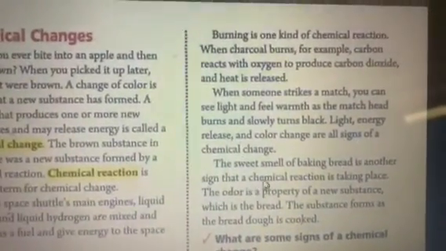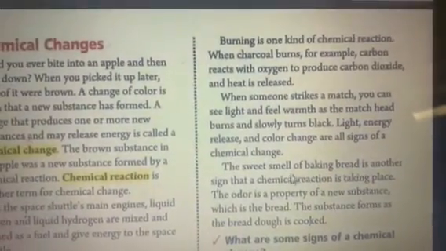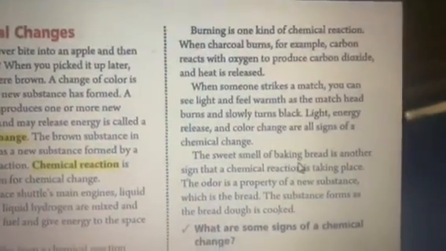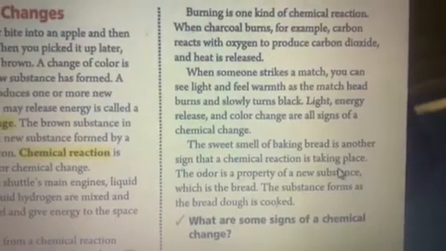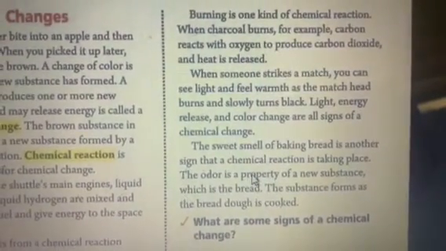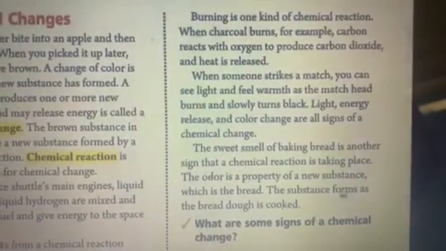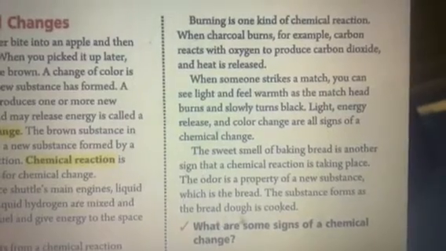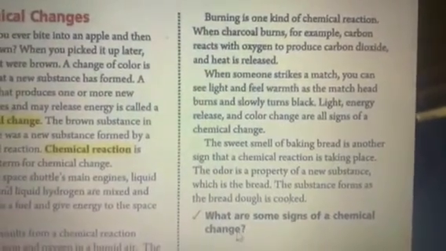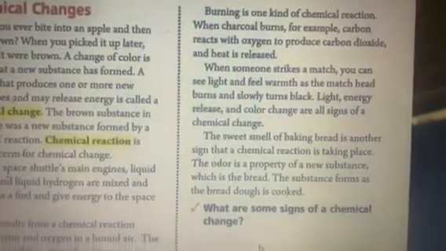So the sweet smell of baking, this is another example. The sweet smell of baking bread is another sign that a chemical reaction is taking place. The odor is a property of a new substance, which forms as the bread dough is cooked. So this is a question: what are some signs of chemical changes?